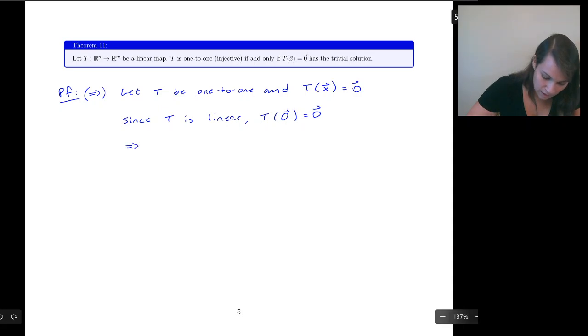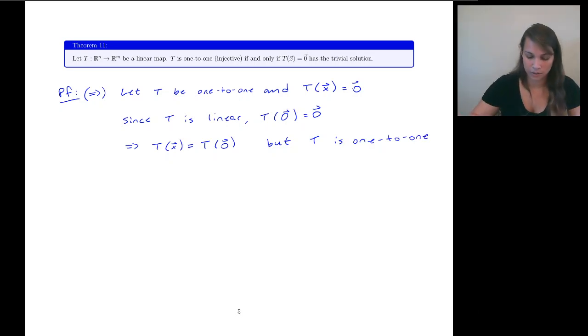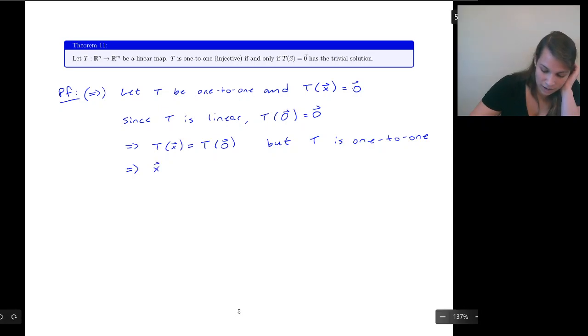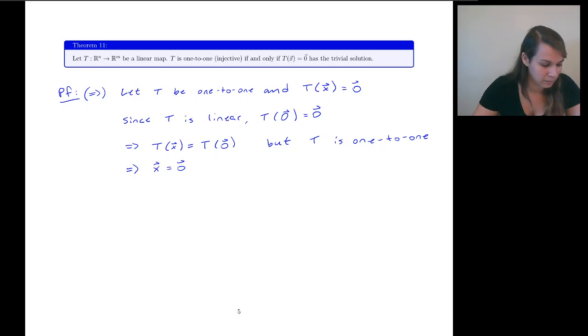So then T of x equals T of 0. But wait. T is one-to-one by assumption. So since it's one-to-one, remember what one-to-one means. If the outputs are the same, the inputs must also be the same. So then we have x is 0. That's exactly what we wanted.